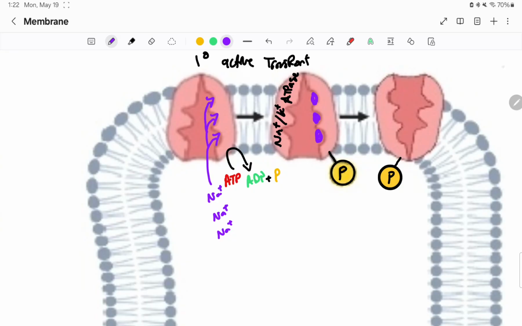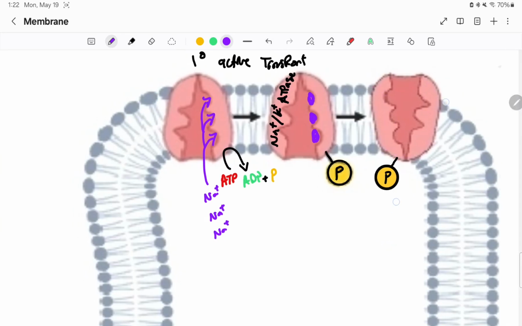The phosphorylation makes it so that this protein carrier molecule ends up changing its shape, and it flips from this configuration into this configuration, all because of this added phosphate molecule.